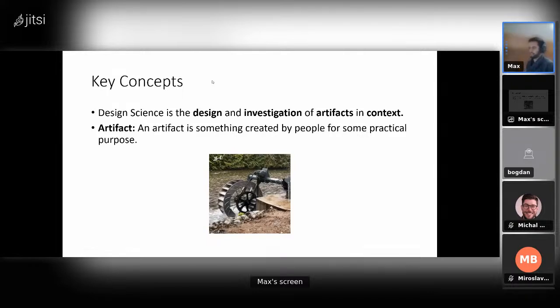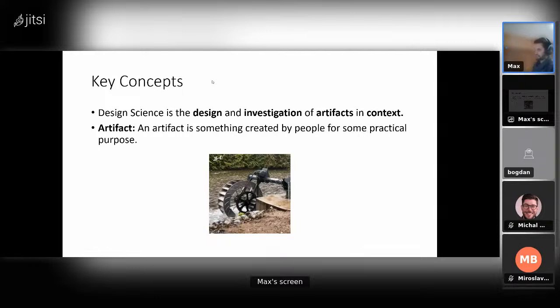An artifact is simply something that can really be many things. I will show in the next slides what I mean by this. It is created by people for some practical purpose. If we take a very simple example, we have a water wheel that is here to produce some energy from the river.